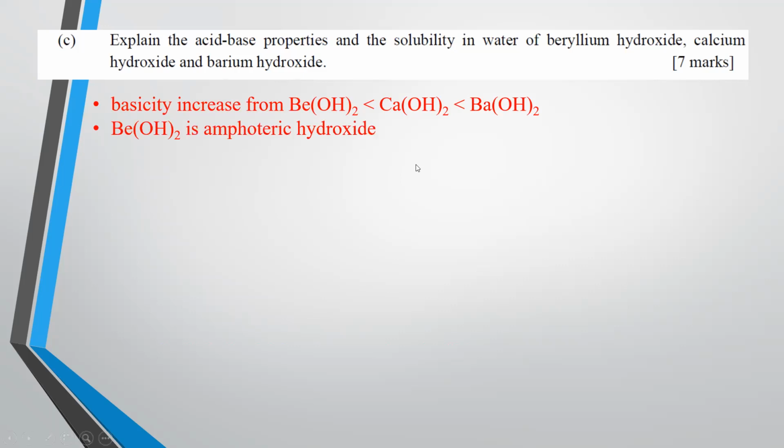So beryllium hydroxide is amphoteric due to the beryllium has a high charge and small ionic radius, with high covalent character. Also try your best to explain.